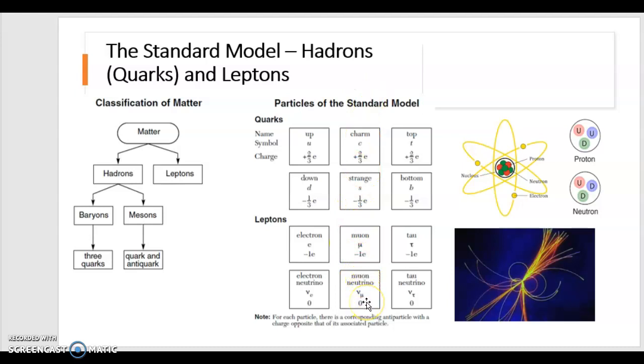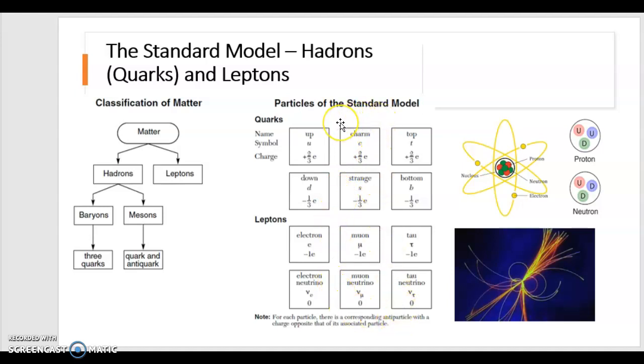Now, we don't see these things in ordinary life. We do see them in particle accelerators and the CERN super collider. These things do exist, and so we consider them to be part of particles that do exist in nature, but generally speaking, they don't exist for very long.